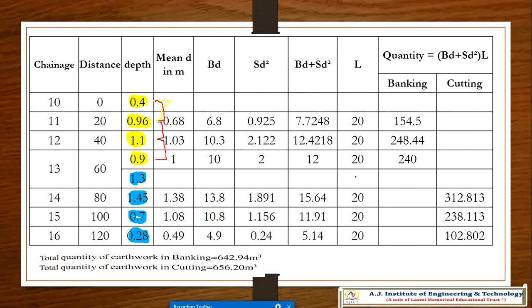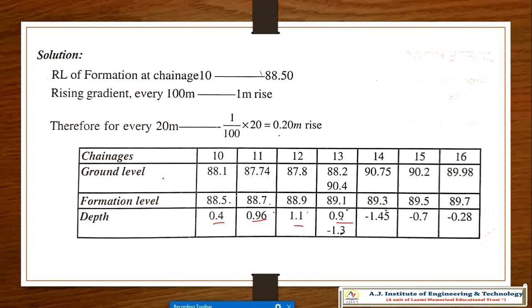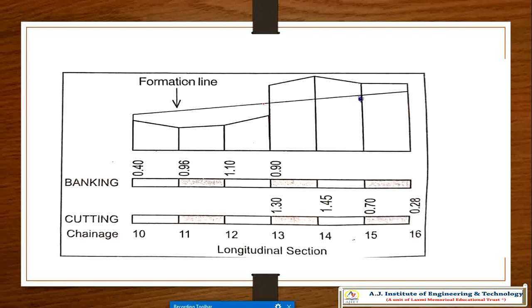Take this as 0. You can use it as 0, here as 0 to 20, like that. Again you can use it as 0. So now you will get the mean depth. Now here you have to start from 1.3, 1.45. This is the average. Separately you have to take it again, because in the figure you can see that up to here it is separate and up to here it is separate.